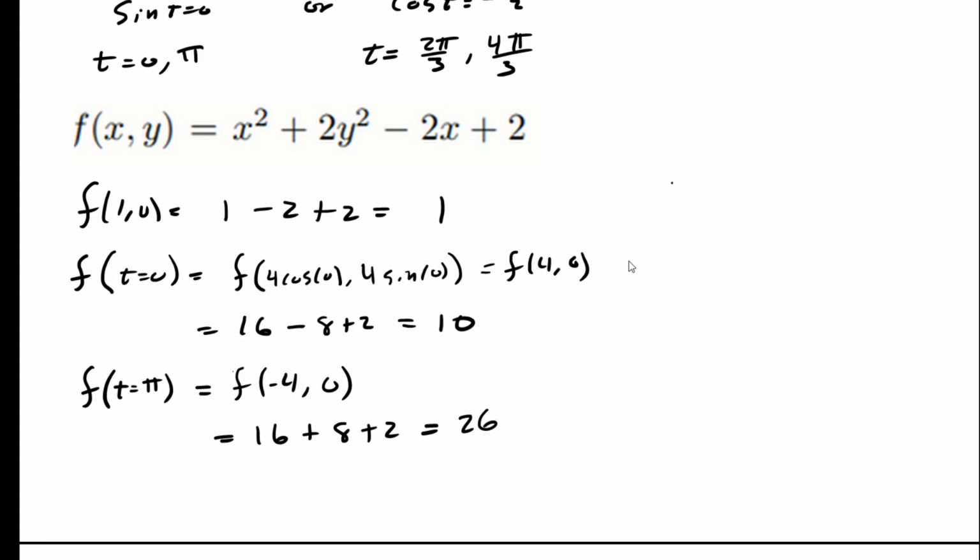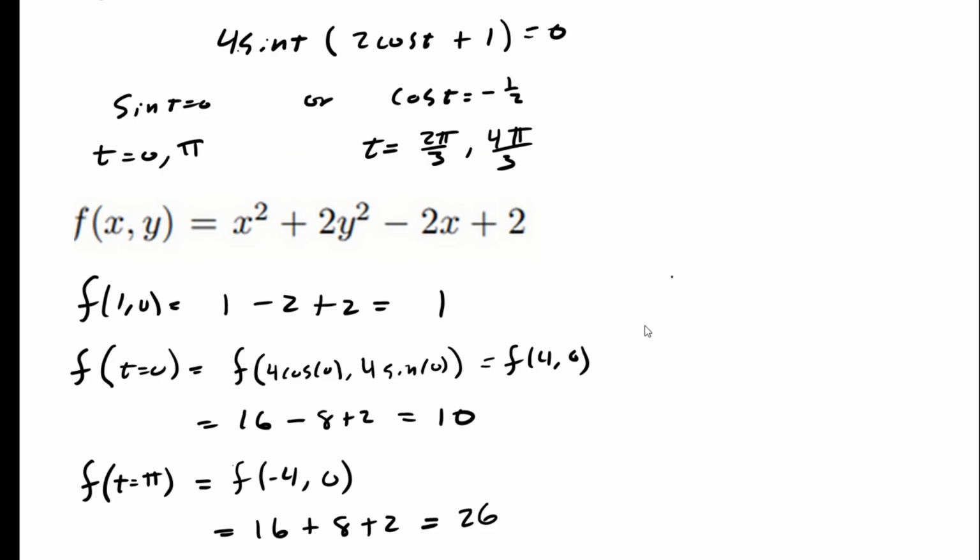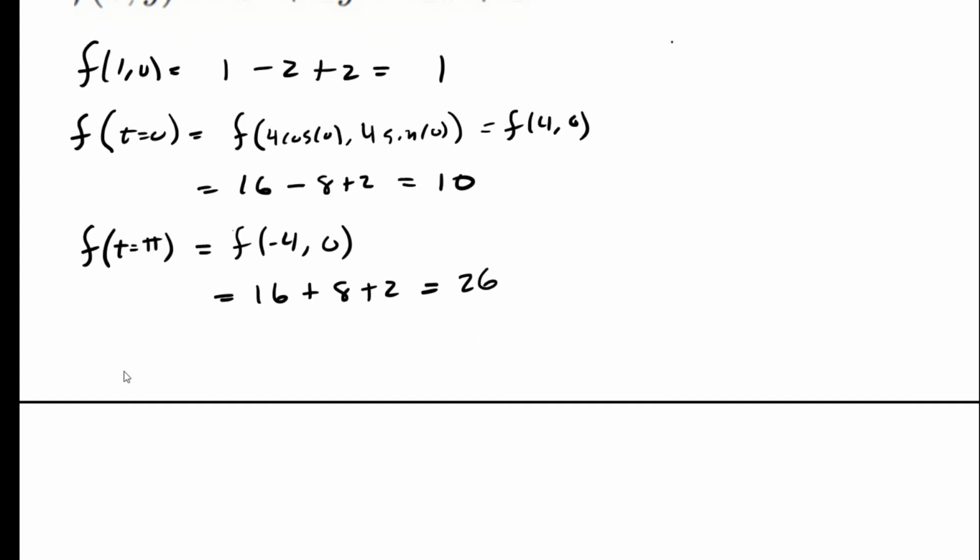We still have these other ones that aren't going to be fun to work out. f of t equals 2 pi over 3. That's going to be the same as f of 4 cosine of 2 pi over 3, which is negative 2, and 4 sine, where sine is root 3 over 2. So 4 times root 3 over 2, that's going to be 2 root 3.